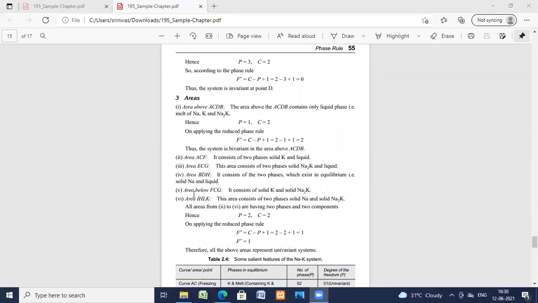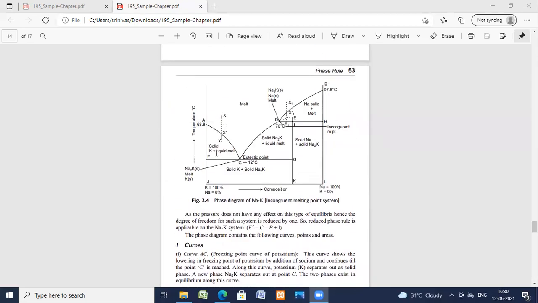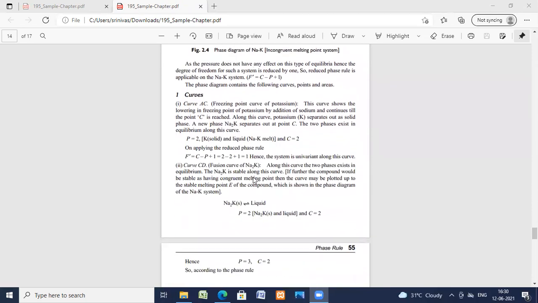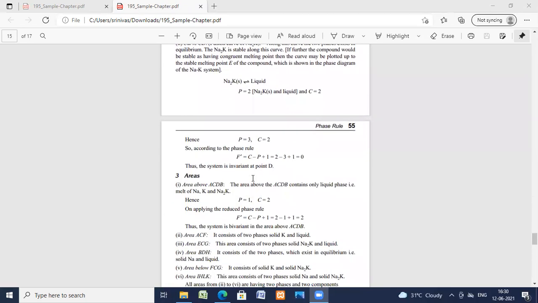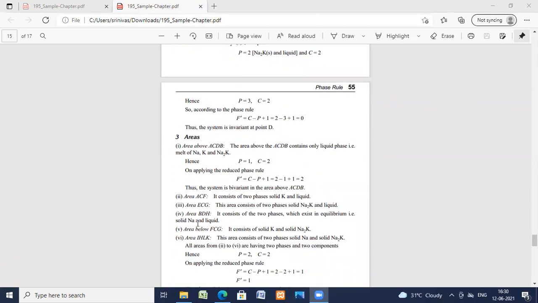Next we'll look at another area, below FCG. The area below FCG has solid K and solid Na2K. Here C is 2, P is 1. Only one phase, a solid phase. You get a bivariant system.